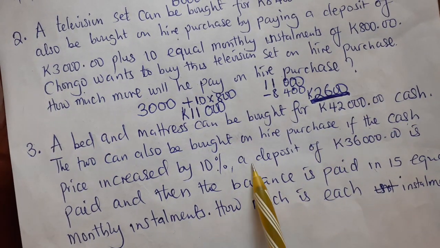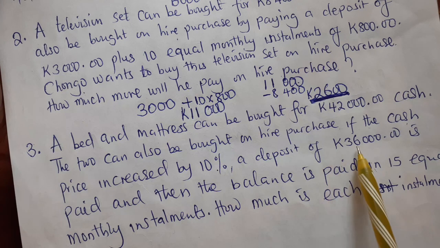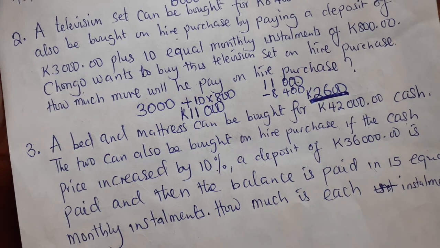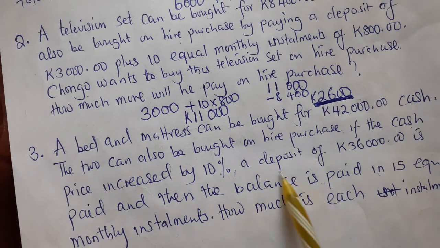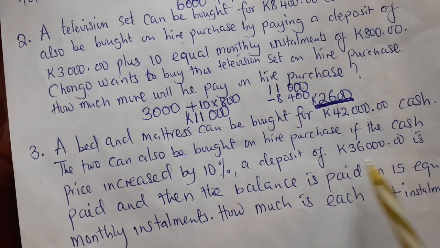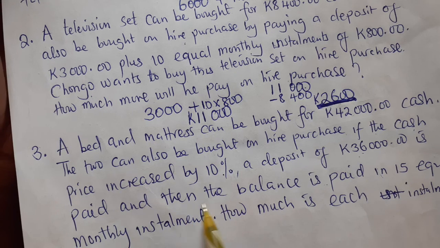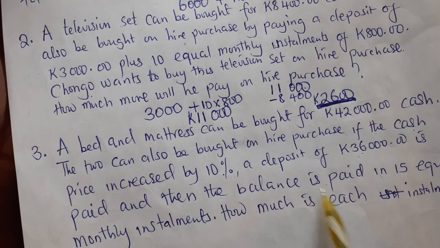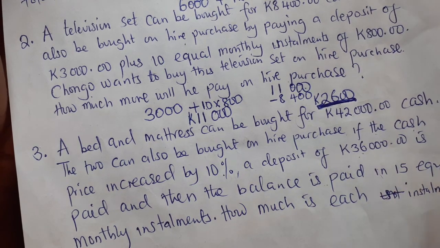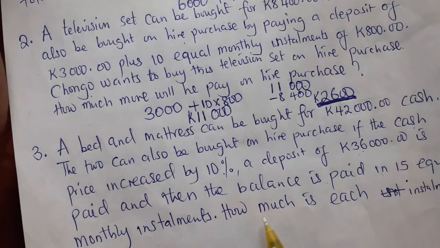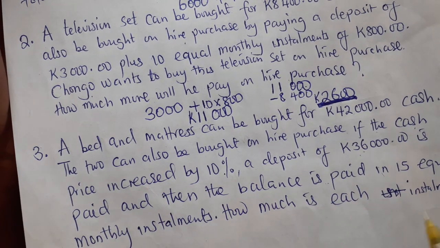And then a deposit of 36,000 is paid, and then the balance is paid in 15 equal monthly installments. How much is each installment?